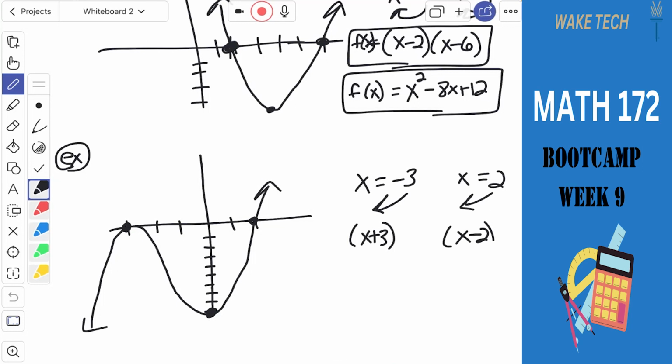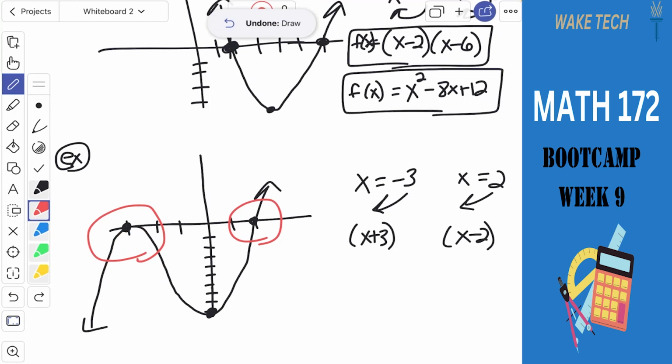But there's something unique or different maybe about the x-intercept at -3. How the function behaves at that x-intercept is different than how the function behaves at the x-intercept to the right. The function turns around and bounces off of the x-axis at the intercept to the left.